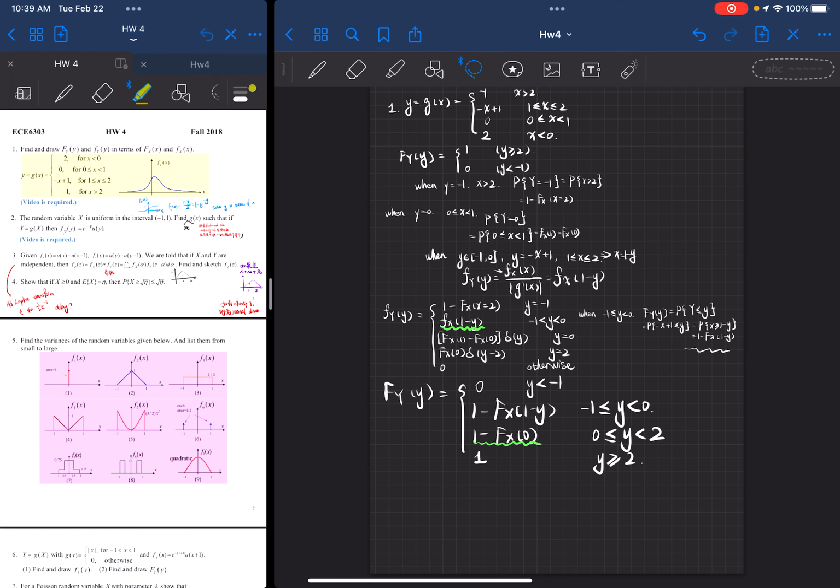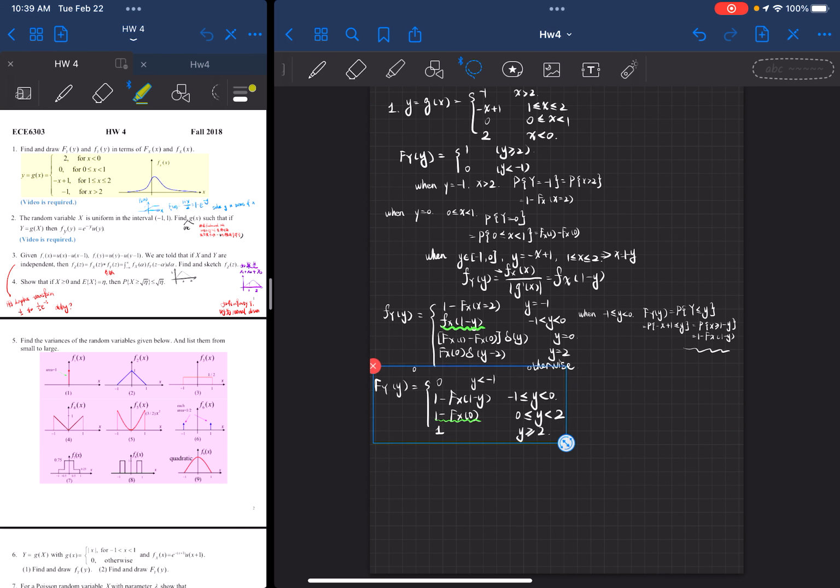And so here, based on what we have derived, we can draw the distribution function and density function of y.